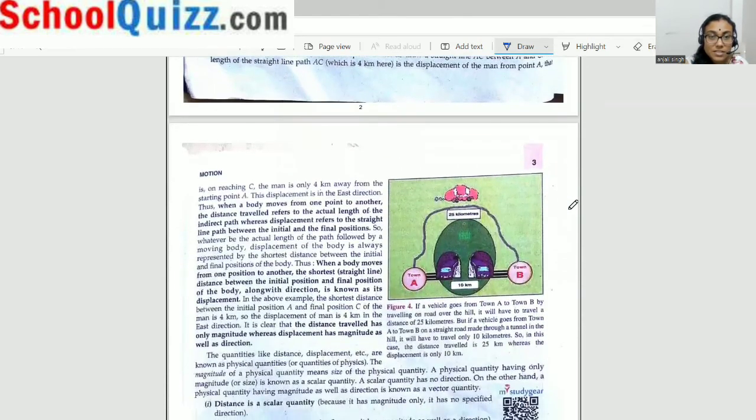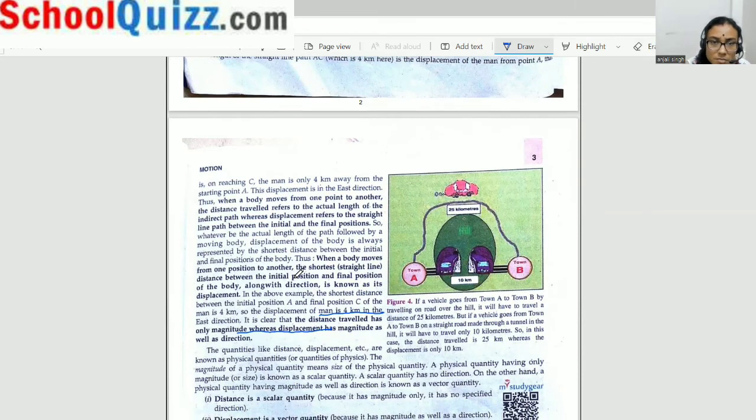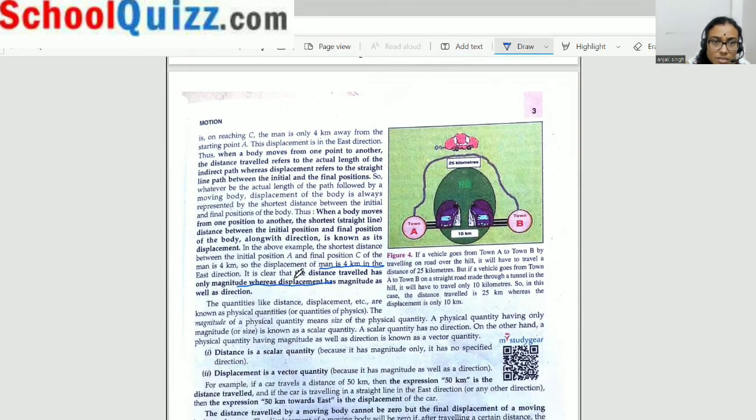Here you can see the displacement formula. First, I'll tell you the distance. Distance traveled has only magnitude. That we will discuss later, because now here you only have to see what displacement means. The displacement, okay, again I have to move the slide.